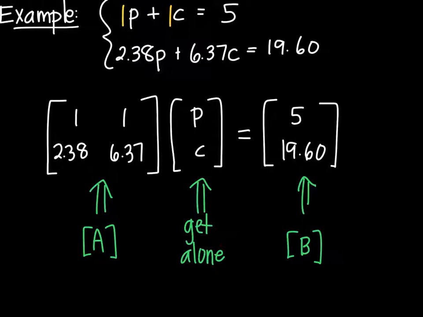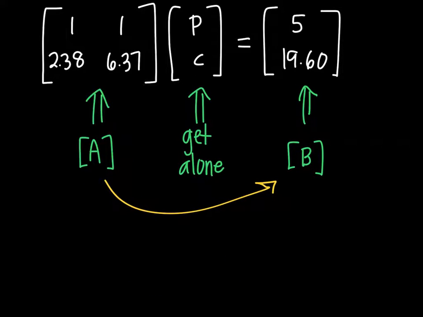So how can I get rid of the A matrix over on the left-hand side and get it over to the other side? I don't know if you remember this from Algebra 2. We're going to use inverses, exactly. In order to move this matrix to the other side so that we can have the variable matrix alone, we use the inverse matrix.